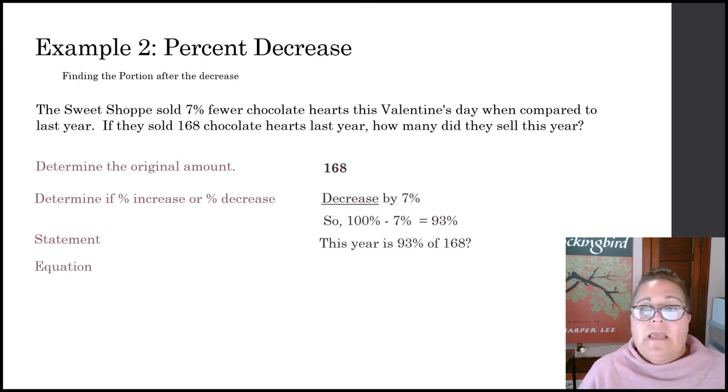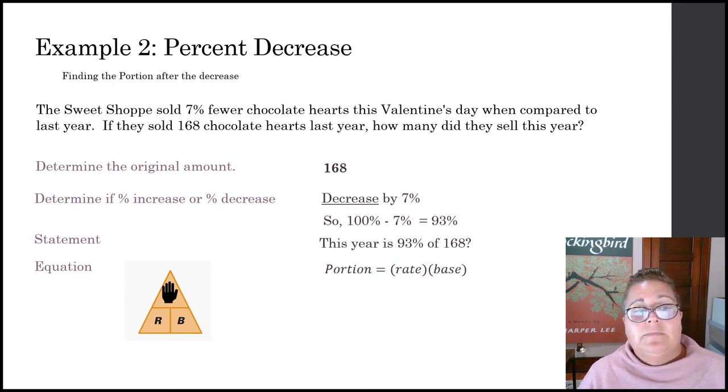So, in order to make the equation, I need to know the portion, and that's going to be rate times base. My rate is 93%. My base is what they did last year, or 168.